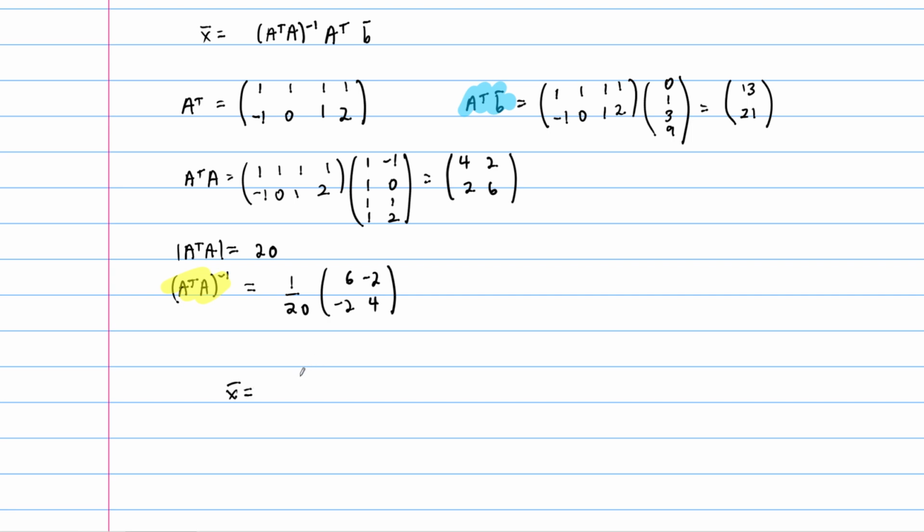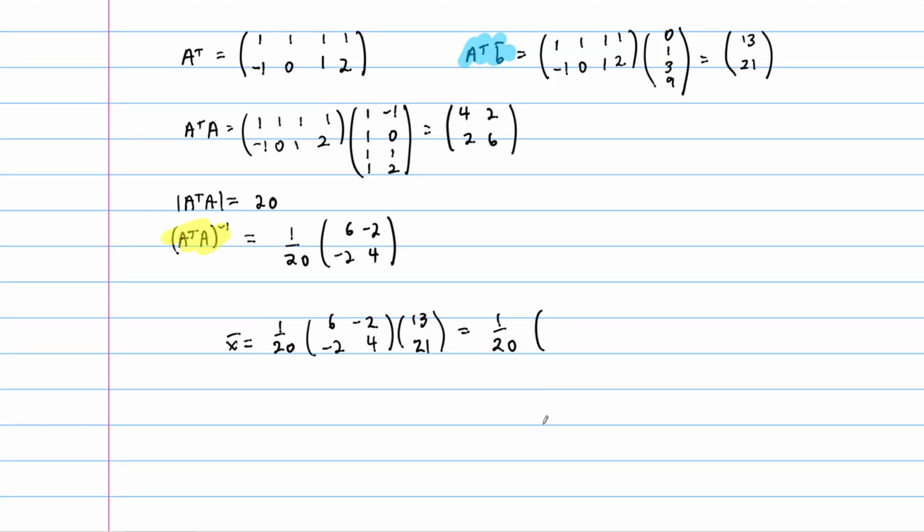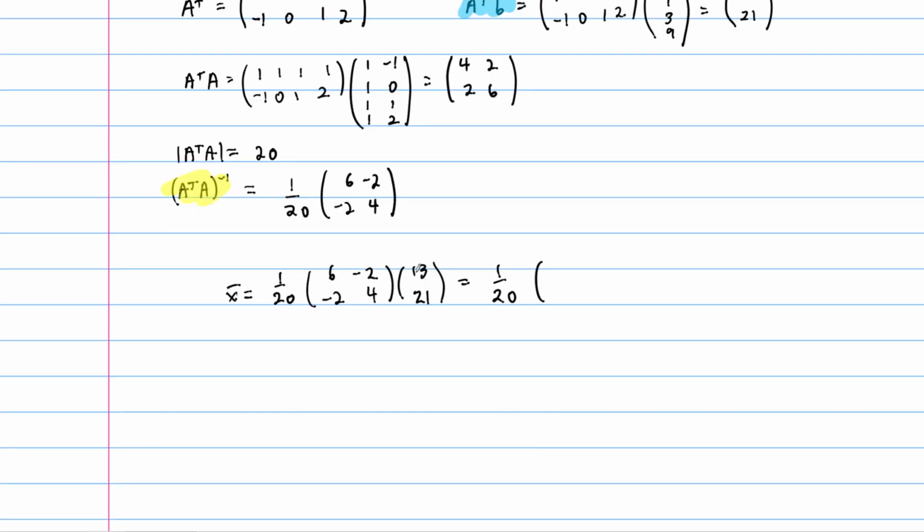We'll have our solution then. So our x hat is going to be 1 over 20 times inverse matrix 6, -2, -2, 4 times vector A transpose B 13, 21. And now we just carefully work this out and see what we get. So in the first entry, it's going to be, what's this going to be?